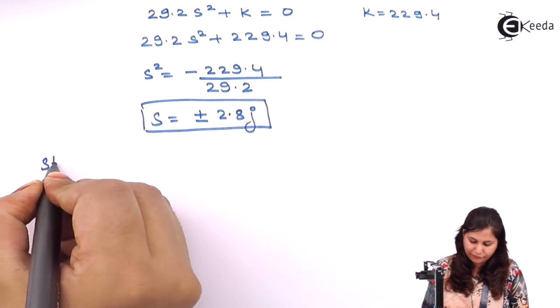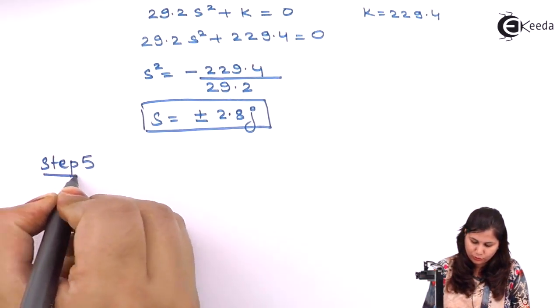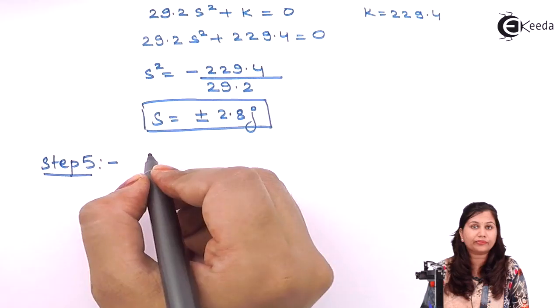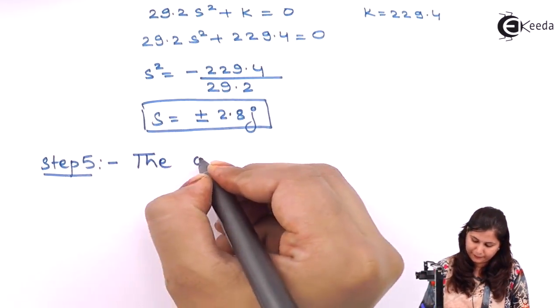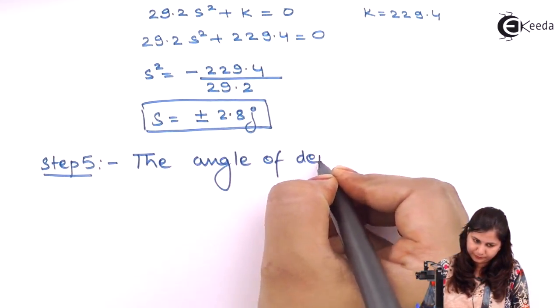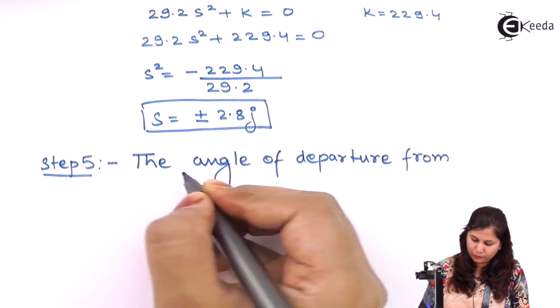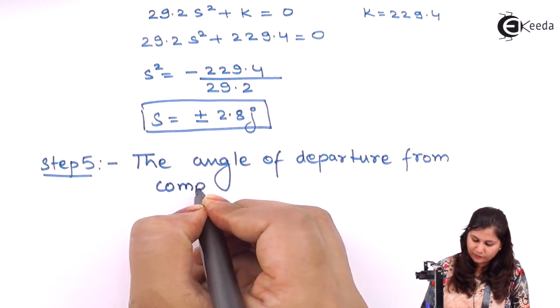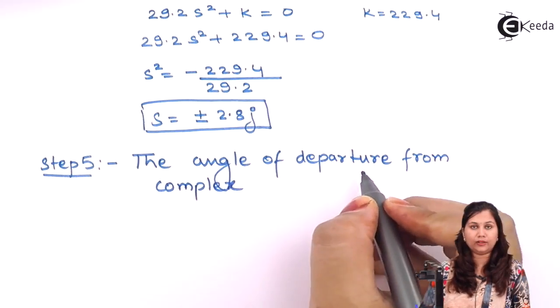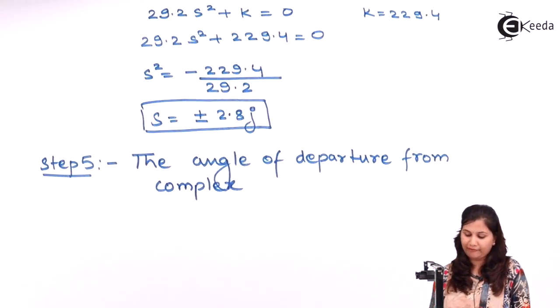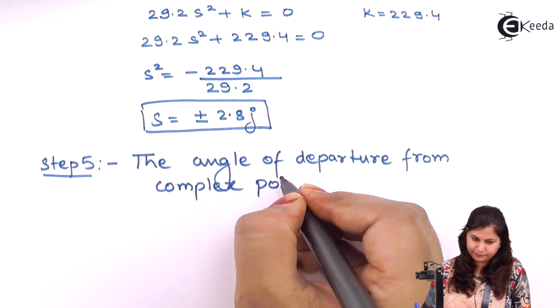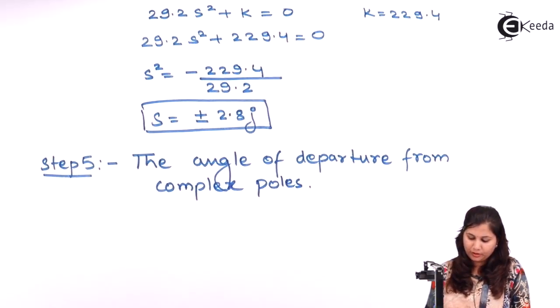Now step number 5 is to find out the angle of departure from the complex poles. Because we always find out the angle of departure when we have complex poles of the system. Okay.